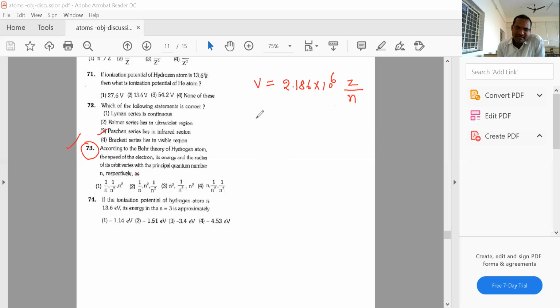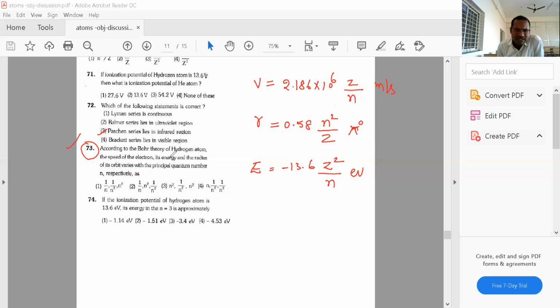This is the formula. Radius r is equal to 0.529 into n square by Z. This is the formula for radius. And energy is equal to minus 13.6 into Z square by n square in electron volt. This is in meters, this is in angstroms, and this is in meters per second.